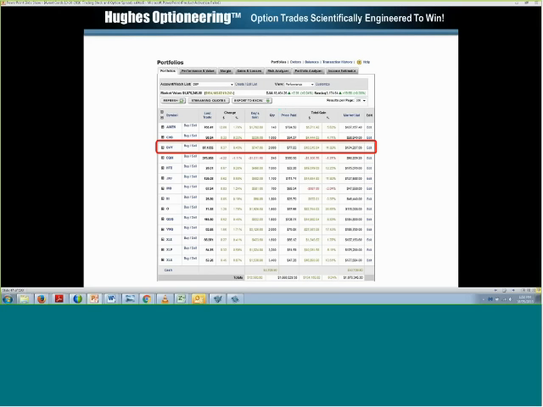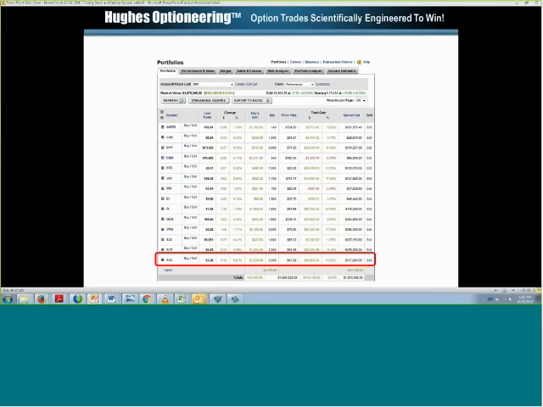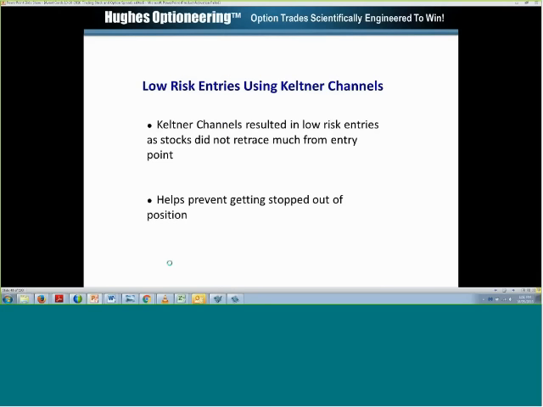So you can see with DVY, the dividend ETF, we have an $18,000 open trade profit. Here's another example. This is for the XLU, the utilities ETF. We bought 1,000 shares at 46.26 right in here, and then it rallied up over $50, and so using those Keltner channels allowed us to get a low-risk entry, and we have a $16,000 open trade profit on XLU.